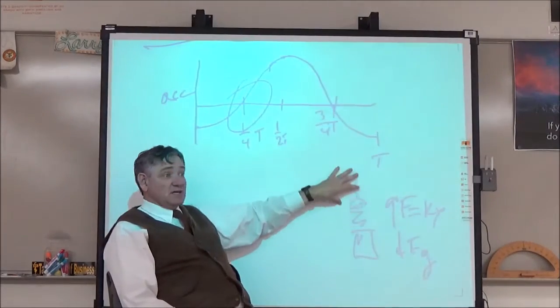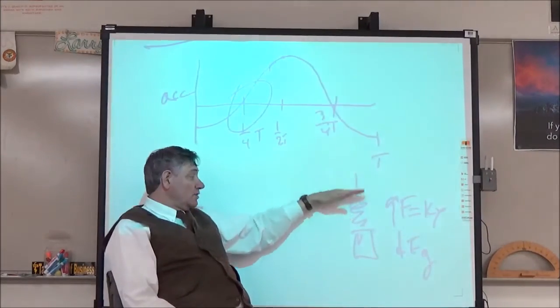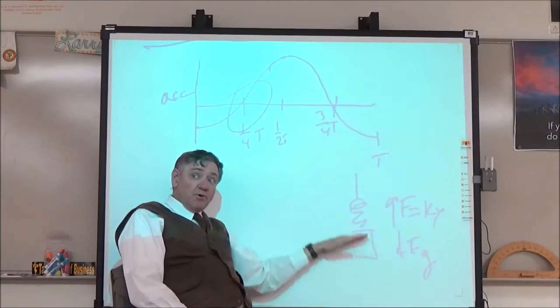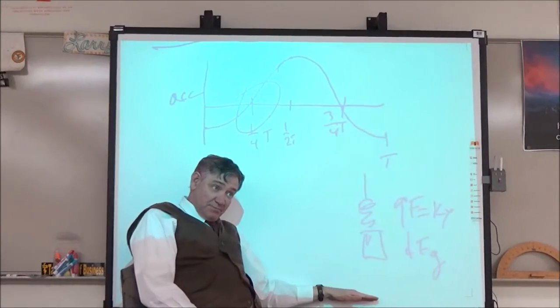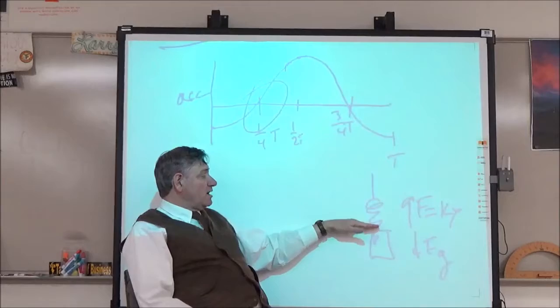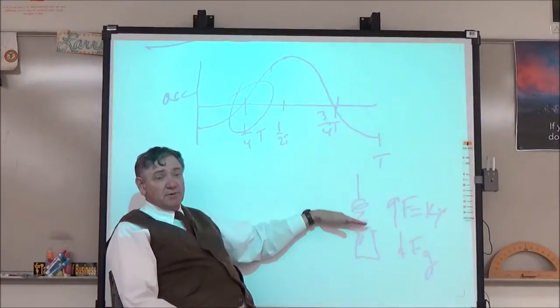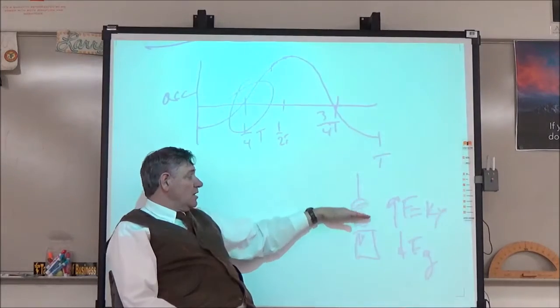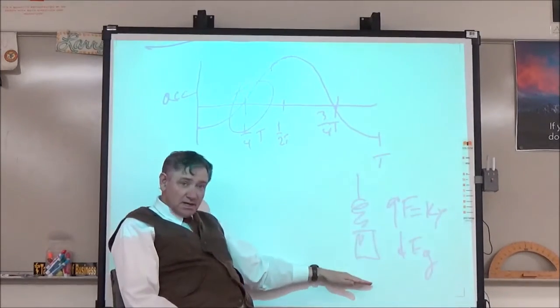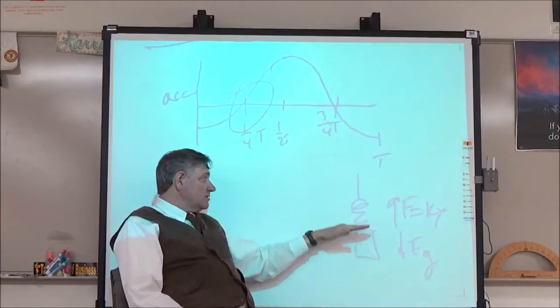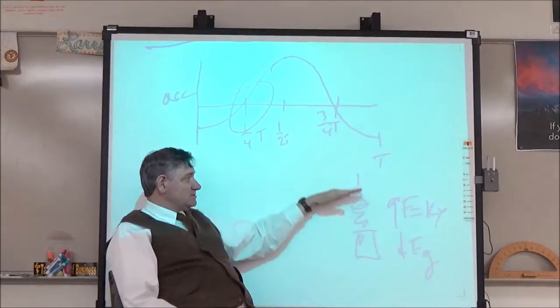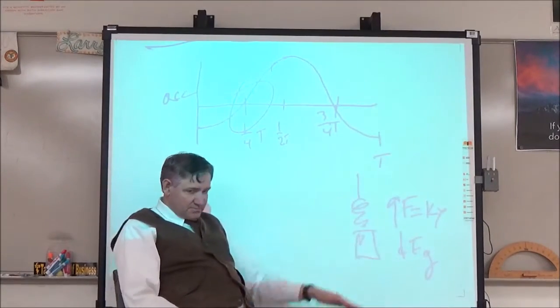Because that spring is going to be less and less compressed. On the way down, when it crosses that point, the force from the spring is going to be bigger. So on the way up, gravity is bigger. We cross that equilibrium point, we have negative acceleration. On the way down, we cross that point, then we're going to have positive acceleration, depending on which one is bigger.